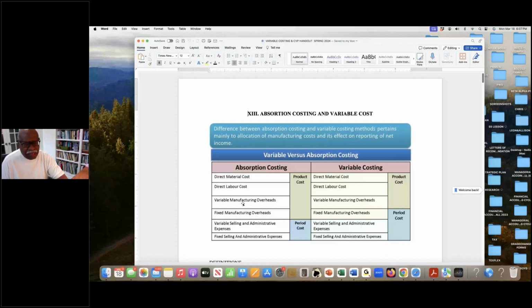A variable cost changes with volume. The more the volume increases, the more that cost increases. Fixed costs are going to remain the same regardless of changes in volume. So you remember when we were doing direct labor and direct materials, we always multiplied the quantity utilized by the unit cost.